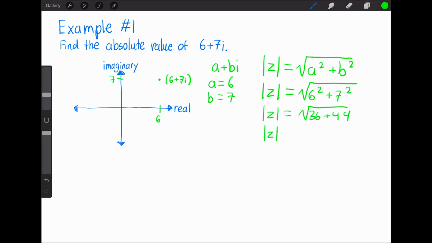The absolute value of z equals the square root of 85. Because we are no longer able to simplify this radical further, the absolute value of 6 plus 7i is the square root of 85.